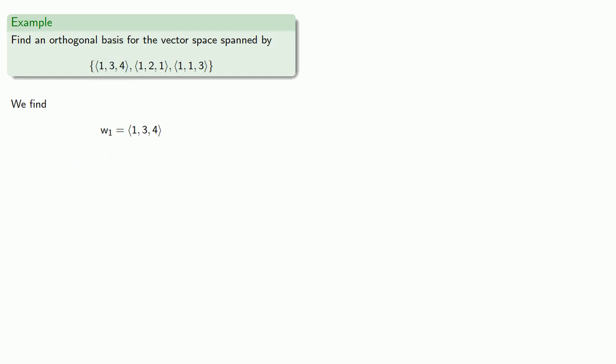For the second vector, we'll take the second vector in our original set and subtract off the component that is parallel to the first vector in our orthogonal set.